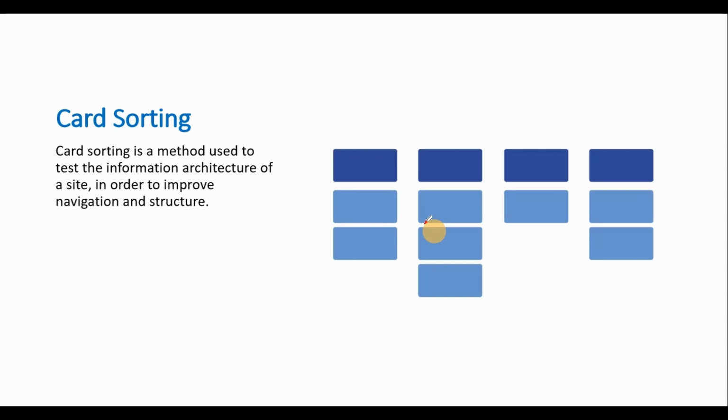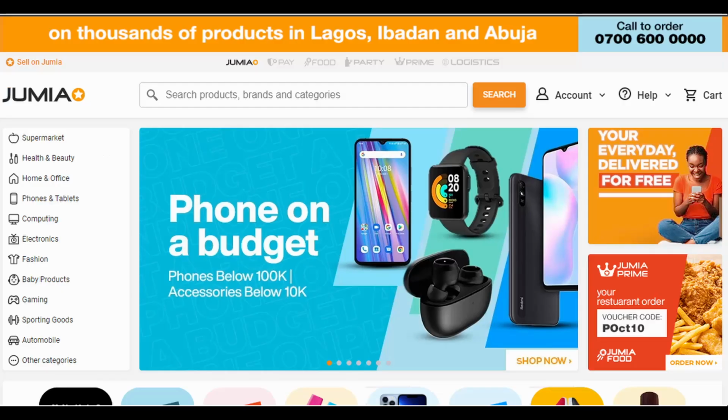Basically, let's take an example. When you go to the Jumia.ng site, you see navigation over here with categories on how to navigate to each category of products.